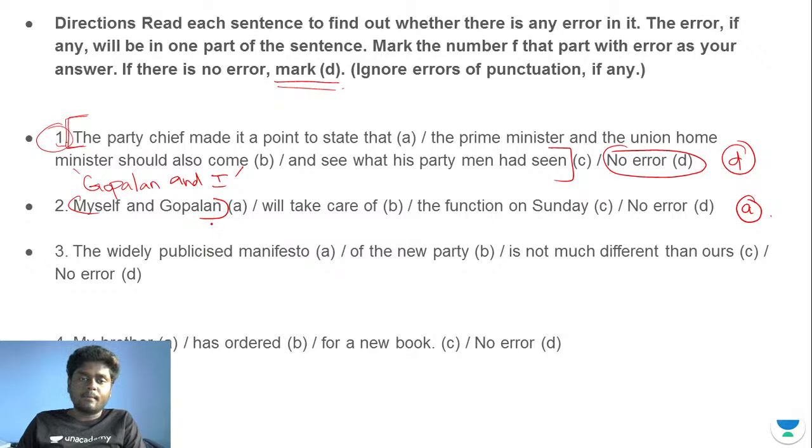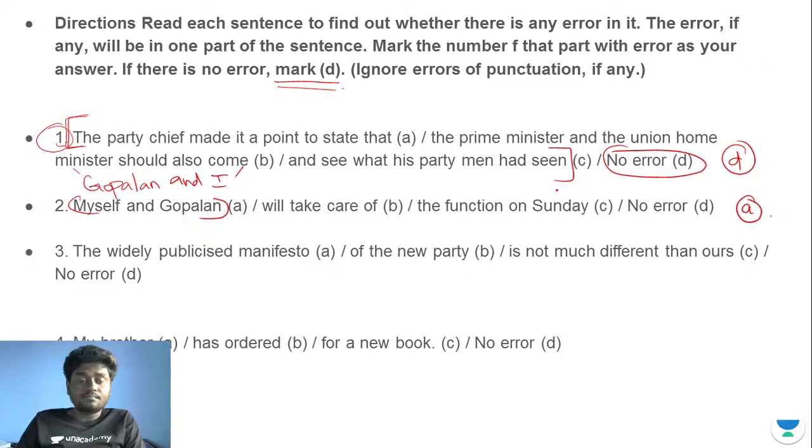So definitely in the second question, the error is with the first part, that is myself and Gopalan. So Gopalan and I will take care of the function on Sunday. That should be the right way of expressing it.